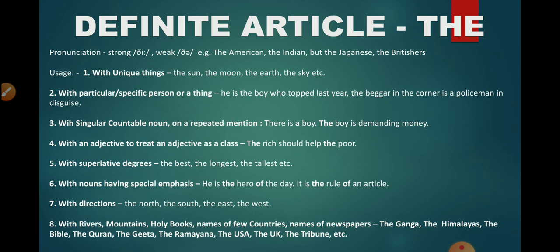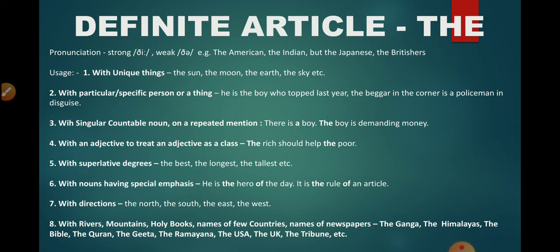Just make use of common sense to use the definite article before that particular common noun, because when we have added some information using the preposition of after any common noun, then that common noun gets the treatment of a specific or particular noun, not of a general common noun.